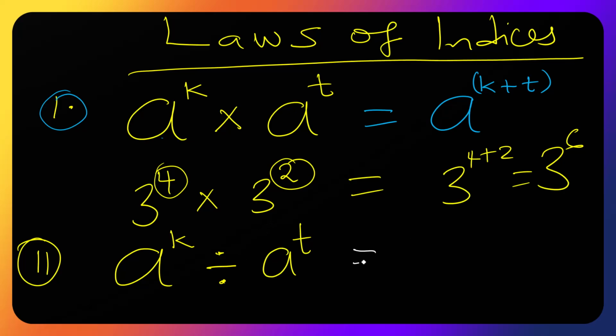When the bases are the same and you are dividing, we subtract the powers. So that will be A, we pick one of them, and we have K minus T. That's the second law. It's very, very important. So that is A exponent K minus T.